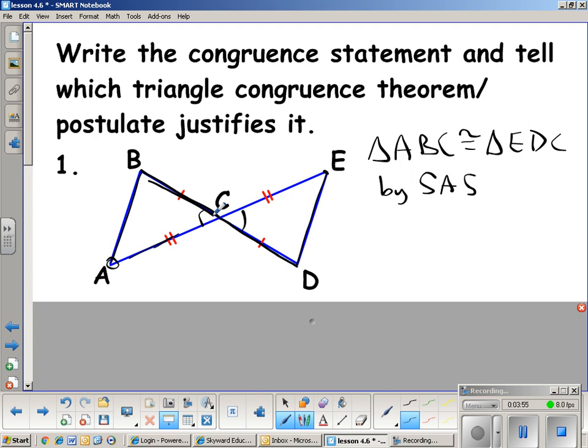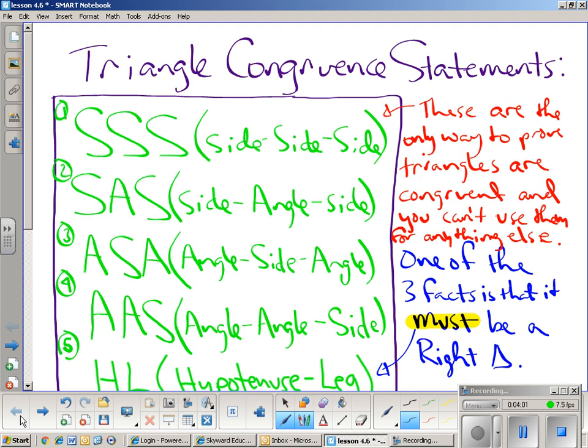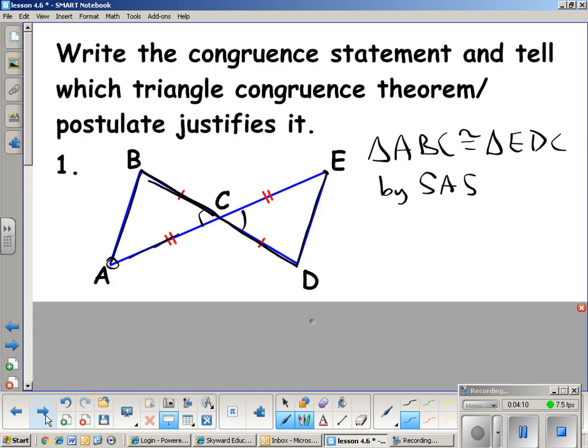If you're confused, you say there are 2 sides congruent, so come back here, and the only one that has 2 sides and an angle is side angle side. So I go back and ask, is my given angle between my 2 sides? The sides of that angle are the 2 sides that are given.